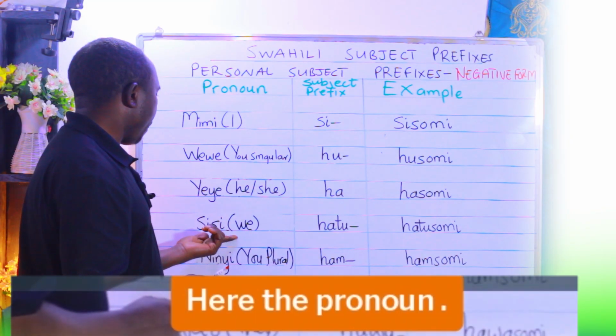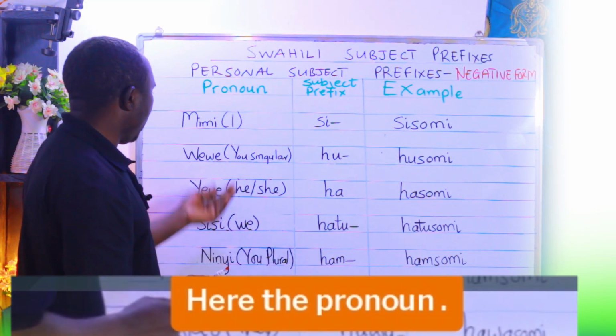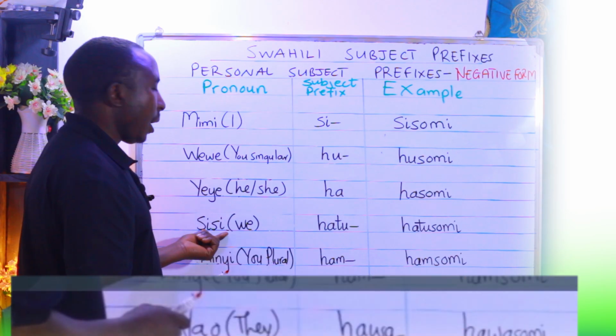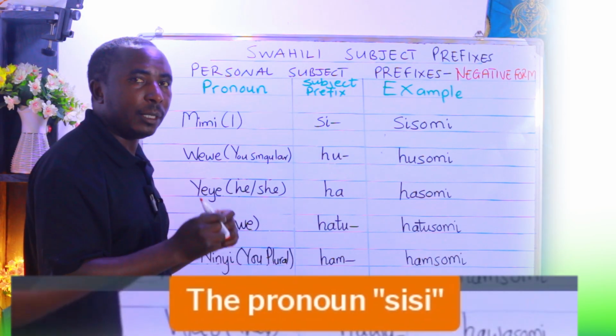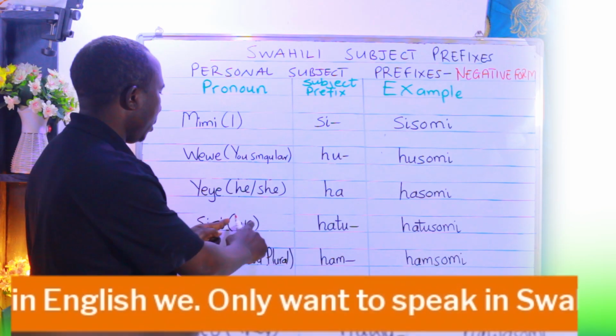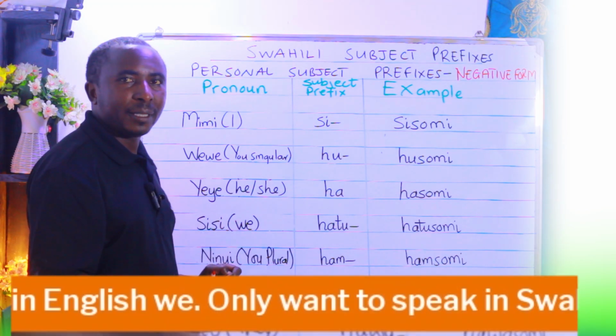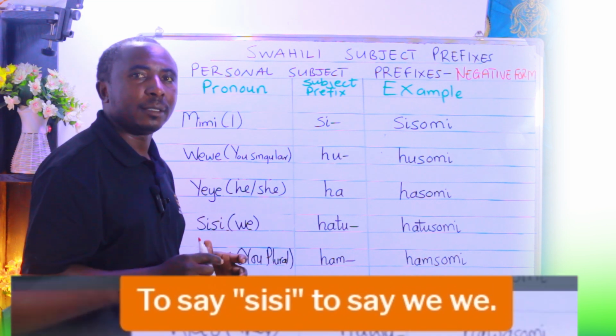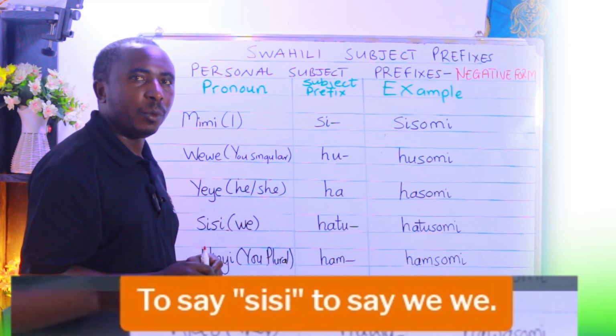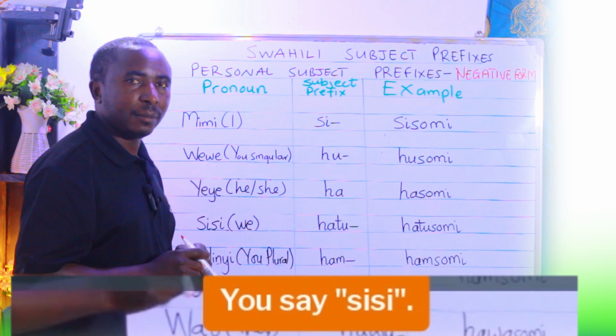Here, the pronoun sisi. Kiwakilishi sisi, the pronoun sisi. In English, we. When you want to say we in Swahili, you say sisi.